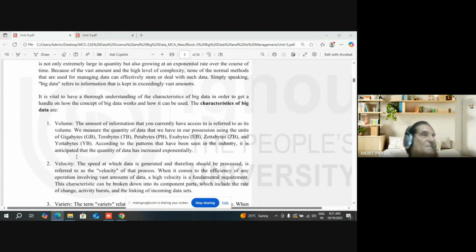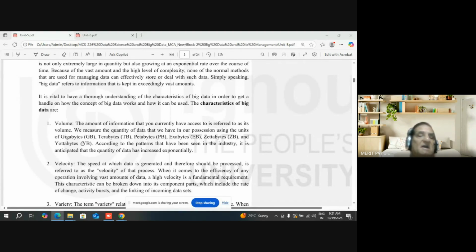You can see now that data generated within a few months is as much as was generated in a few years before, or even 100 years. 100 years of meteorological data comes up within 2 months, with that velocity. The amount of information that you currently have access to is referred to as volume.